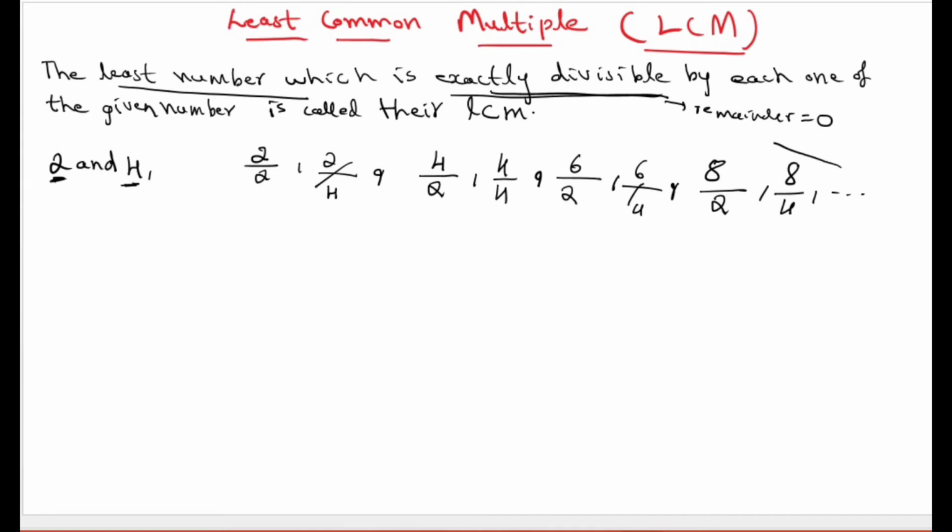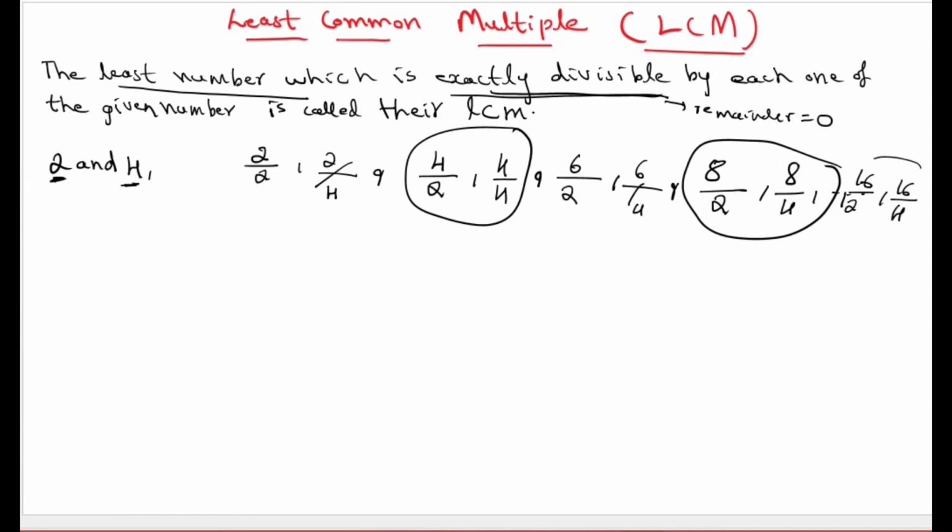Observe these numbers. 4 is exactly divisible by 2 and 4, and 8 is also exactly divisible by 2 and 4. If you take 16, 16 is divisible by 2 and also by 4.